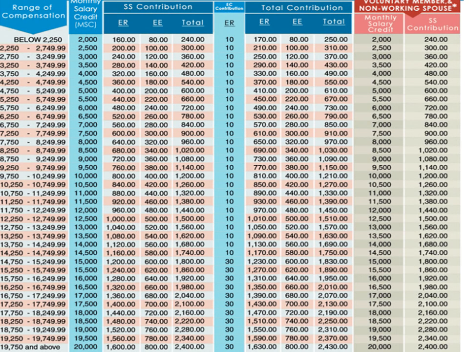So this is for the SSS. You can see the ER means the employer share and the EE means the employee share. There are also ER contributions for employee compensation.